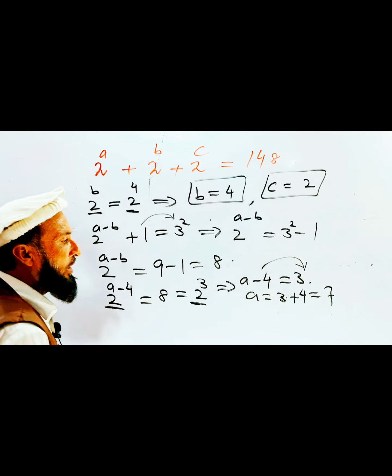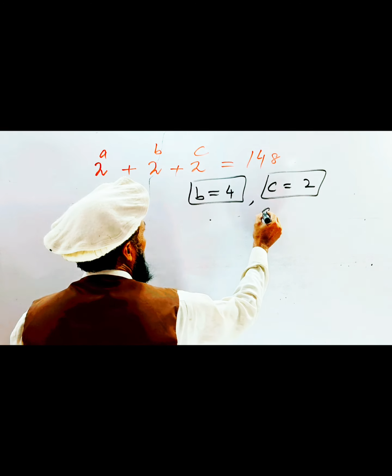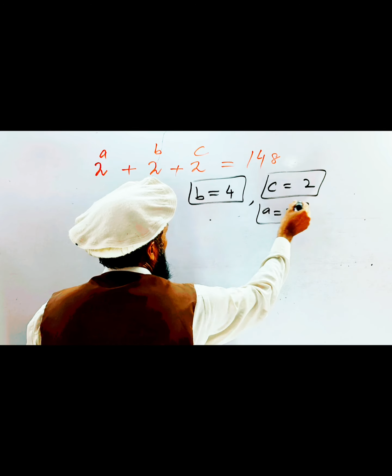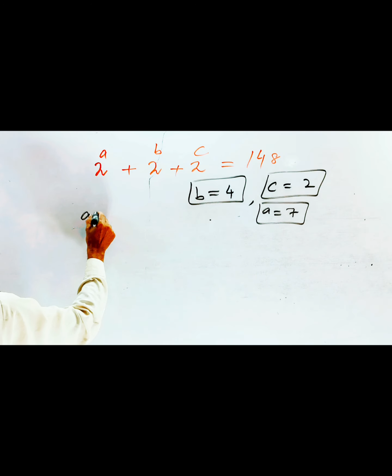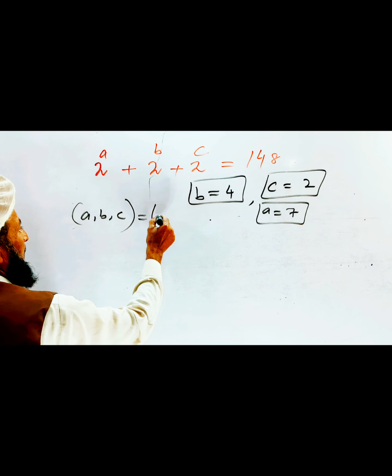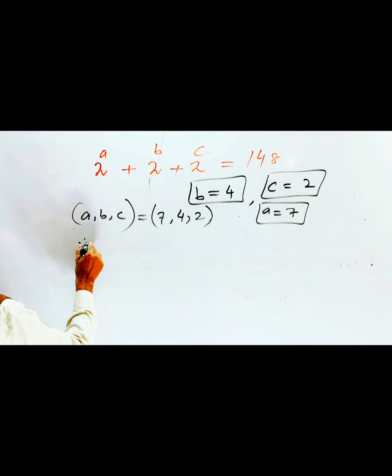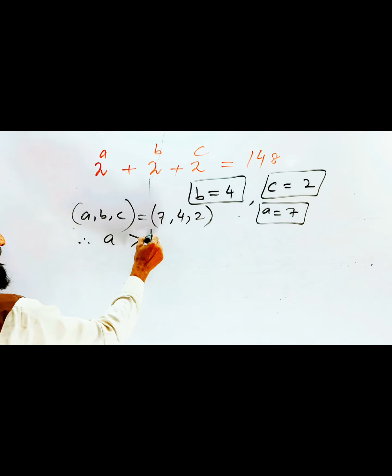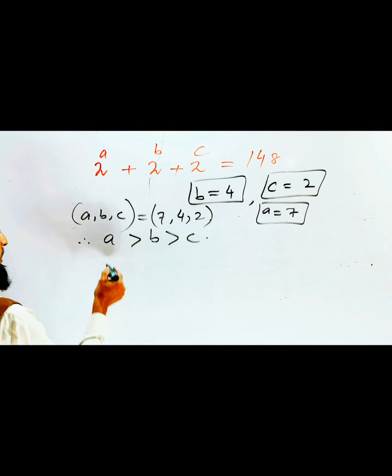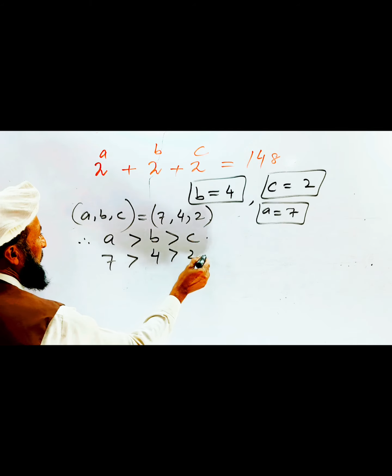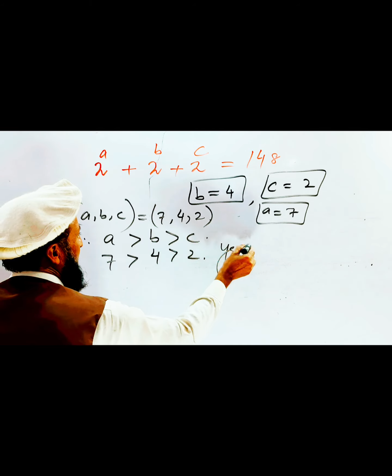So the solution set of a, b and c is a is 7, b is 4 and c is 2. We have already conditioned a is greater than b is greater than c. Now look here, 7 is greater than 4 is greater than 2, so our solution is correct.